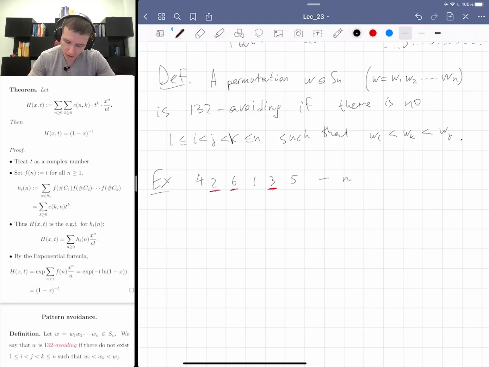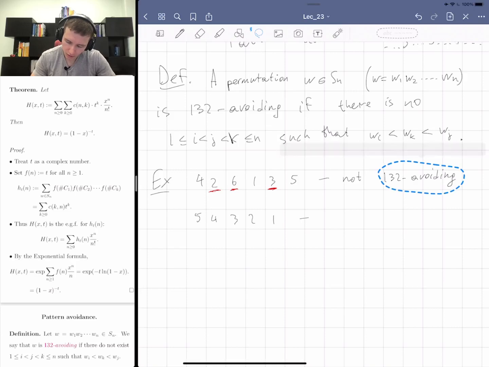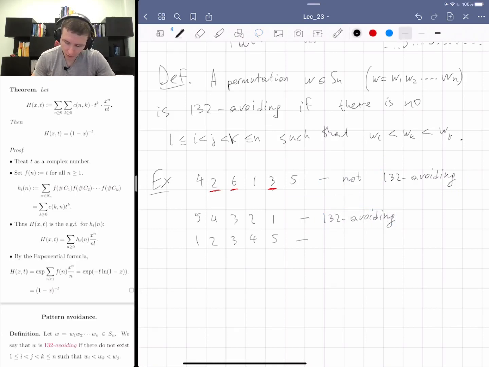So this is not 1, 3, 2 avoiding. Well, if W is monotone, yeah, 5, 4, 3, 2, 1, yes, it is 1, 3, 2 avoiding. Okay, let me write it. This is 1, 3, 2 avoiding, and also 1, 2, 3, 4, 5 is also 1, 3, 2 avoiding.